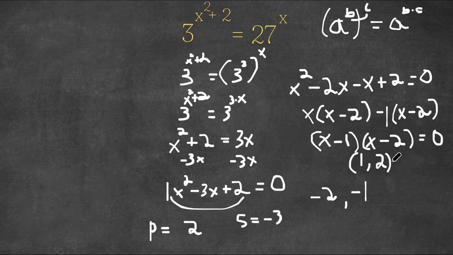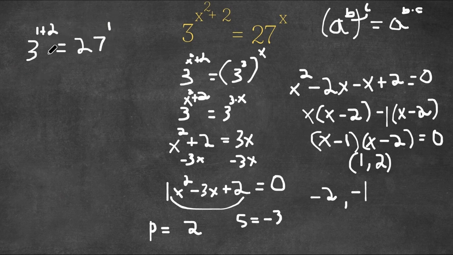So our answers are 1 and 2, and now we can plug these into our original equation and see if they work. Let's plug in 1 first. So we're going to have 3 to the power of 1 squared, which is 1, plus 2 equals 27 to the power of 1.